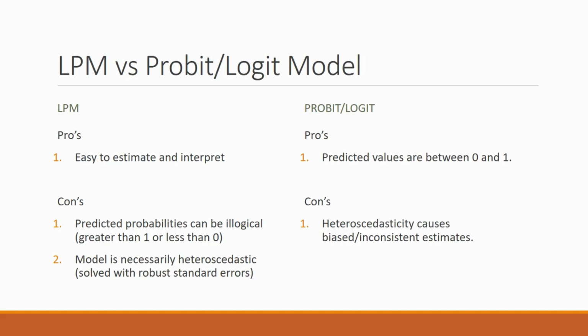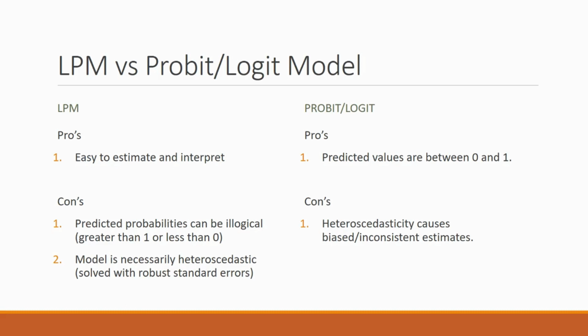With the linear probability model, I'm just using ordinary least squares, so it's very easy to interpret. We can solve all of the problems using the methods that we have used so far in class. For example, I can check for and solve for multicollinearity and heteroscedasticity with robust standard errors. So this is the most straightforward. Also, as I mentioned before, the marginal effects are just the coefficient estimates, so they're easier to interpret.